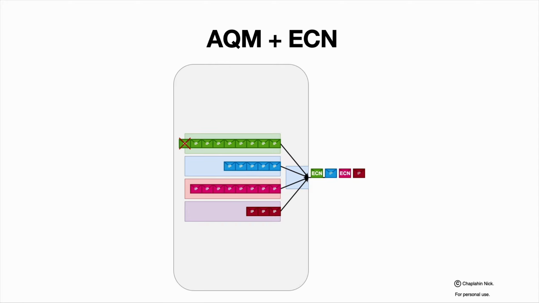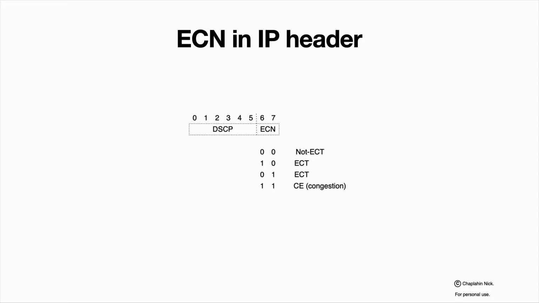So what is ECN information? Very simple. In scope of router and IP packets, in an IP header in the DSCP section, there are 2 bits that have this ECN information. If both bits are 0, this is non-ECT. It means that end devices, hosts, do not support ECN.